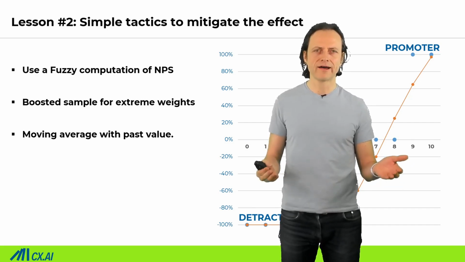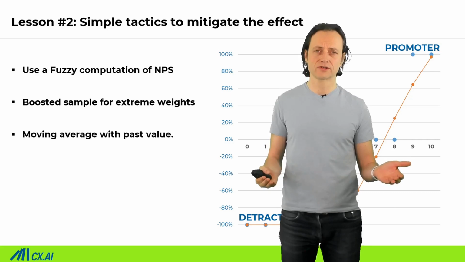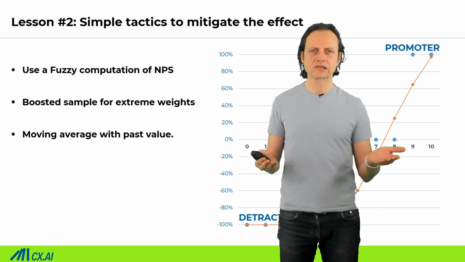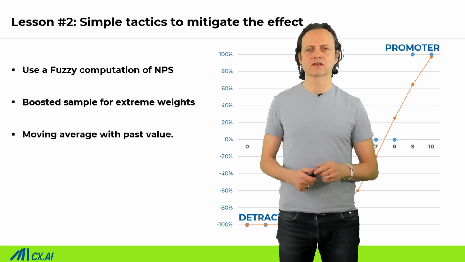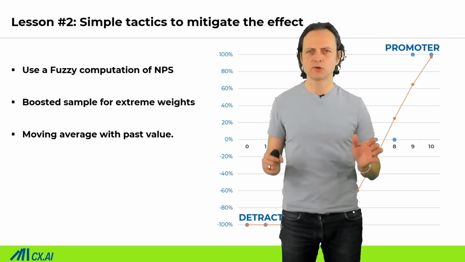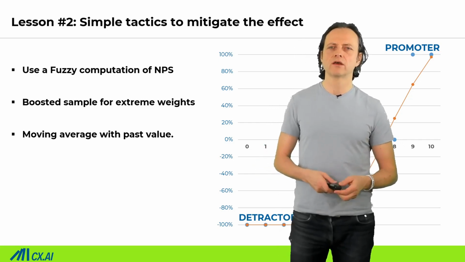Both are highly affected by noise for low sample size. You can filter out this noise by simply averaging them. So it's a simple tactic. There are better tactics, but if you want to use simple tactics, that's one way you can do it.